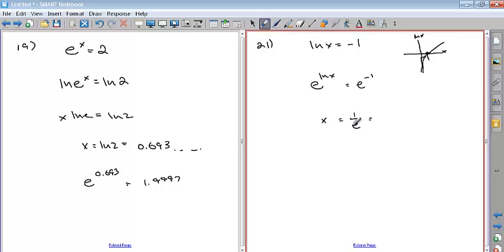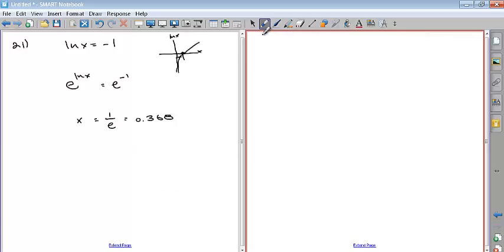I'll just do e to the -1 power. If you go to e to the x and put in -1, you'll get 0.368. And that fits what we thought was the right approach.